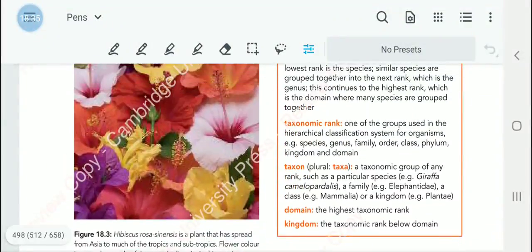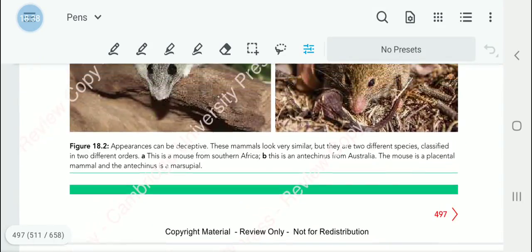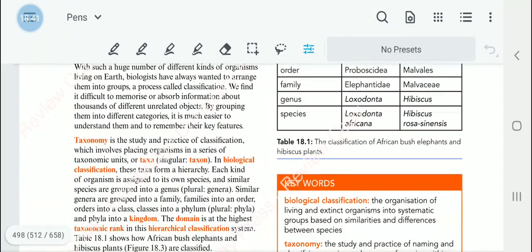Let's write down a note on this, please. Hierarchical classification. To identify the millions of different types of species, we have a system of organization where we group living and extinct organisms based on similarities and differences between them.